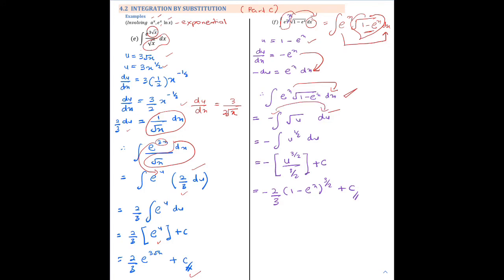And then square root of 1 minus e to the power x is square root of u. So integrate, and then after that, back substitution. Okay, so this is the final answer.